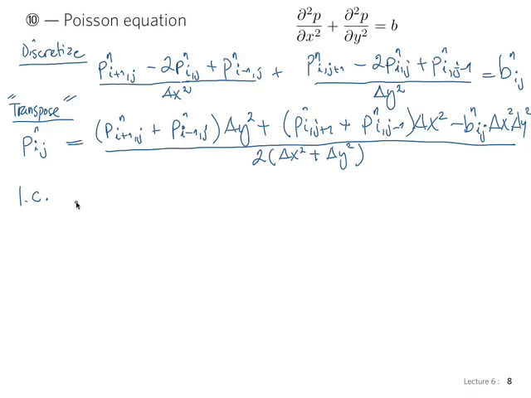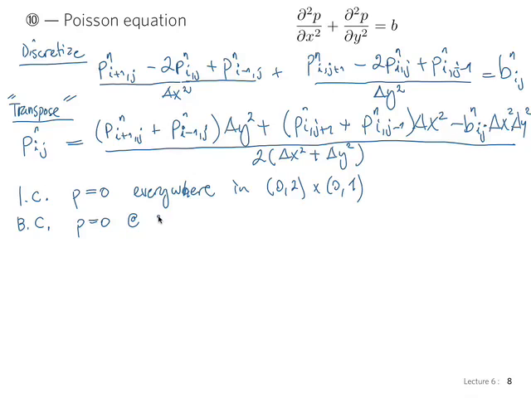Now, our initial condition for this part of the assignment: p equal to 0, as before, everywhere. The domain is going to be between 0 and 2 in x, and 0 and 1 in the y-coordinate. Boundary conditions: p equal to 0 at x equals 0 and 2, and y equals 0 and 1.